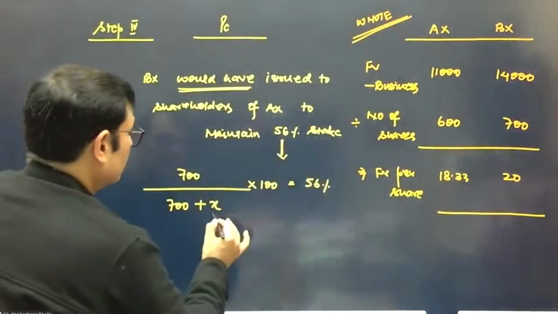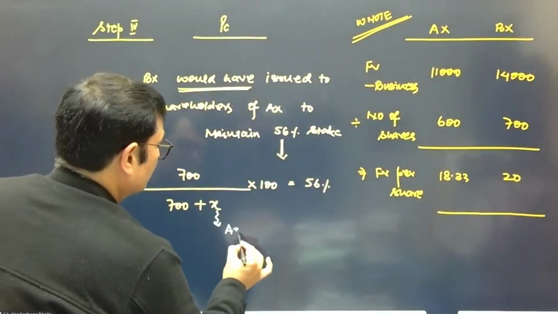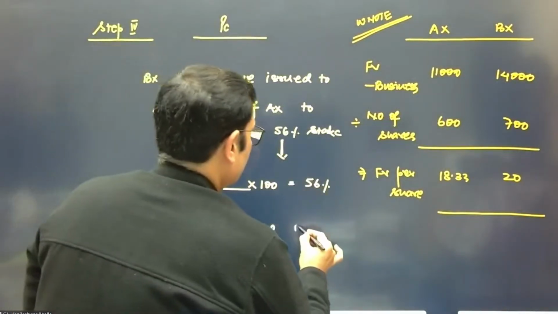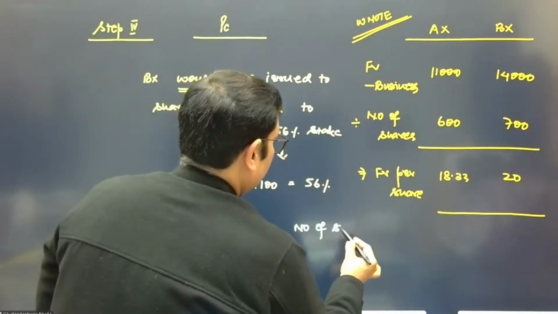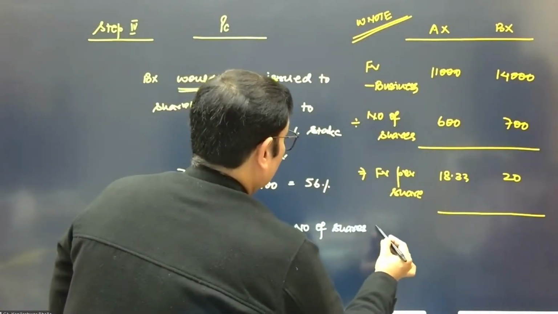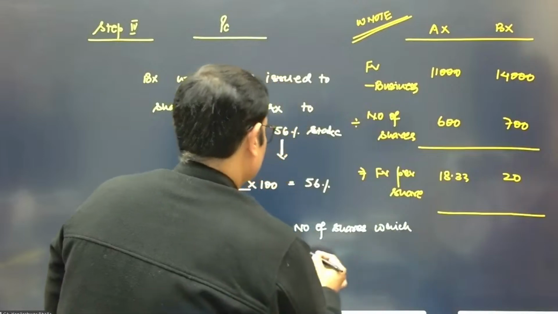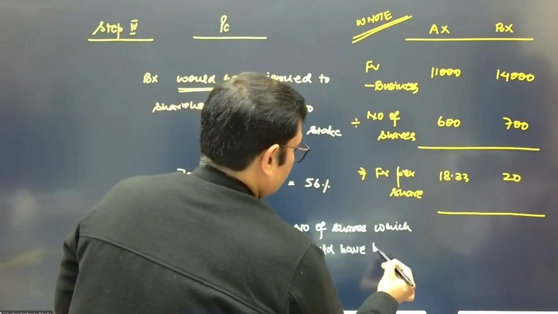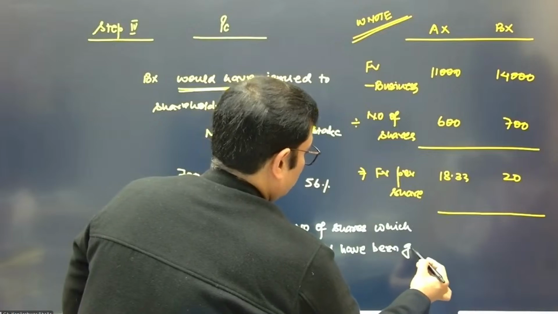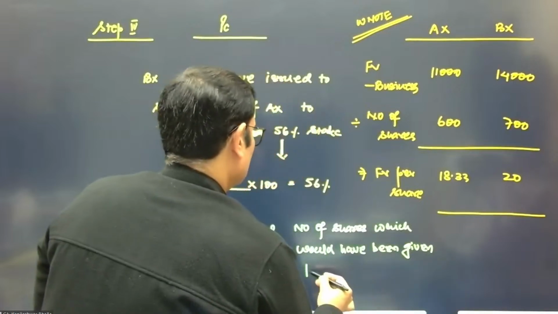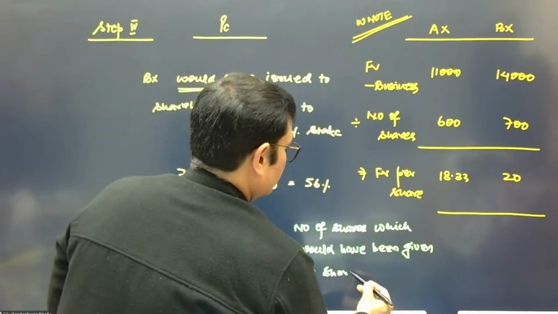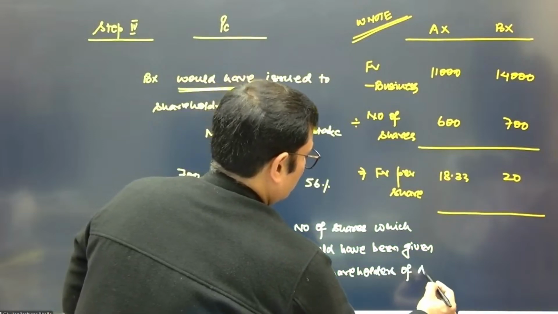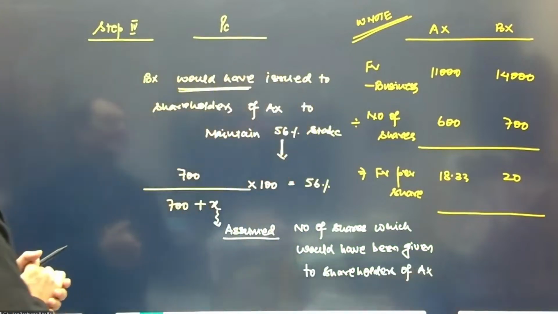I'll just mention that X is assumed, the number of shares which would have been given to the shareholders of AX.